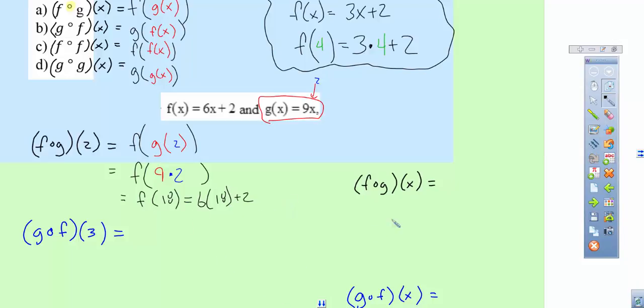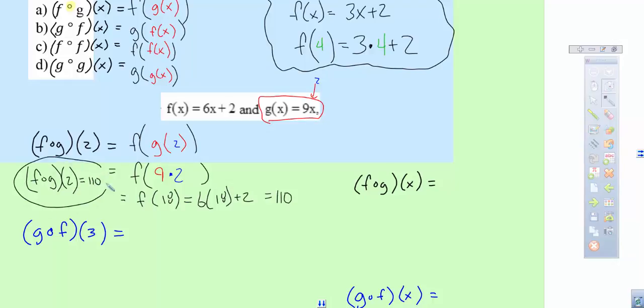We pull out our calculator, and I don't have mine pulled up on the computer screen, so I'll just do it right here on my hand. 6 times 18 plus 2 is going to be 110. So in this particular case, if I take f composed of g of 2, my answer will be 110. Go ahead and take a minute here and see if this makes sense, and I'll readdress this in a different approach later on.